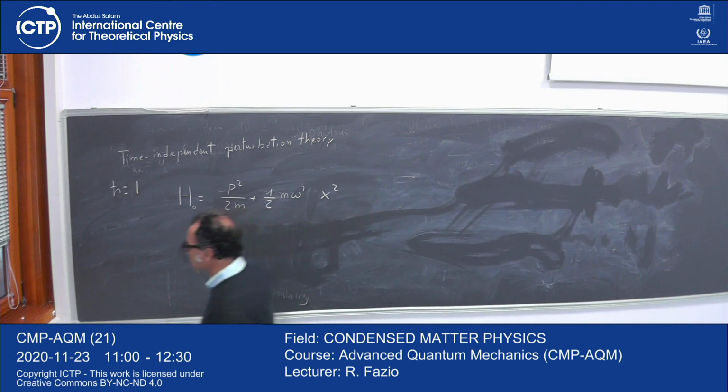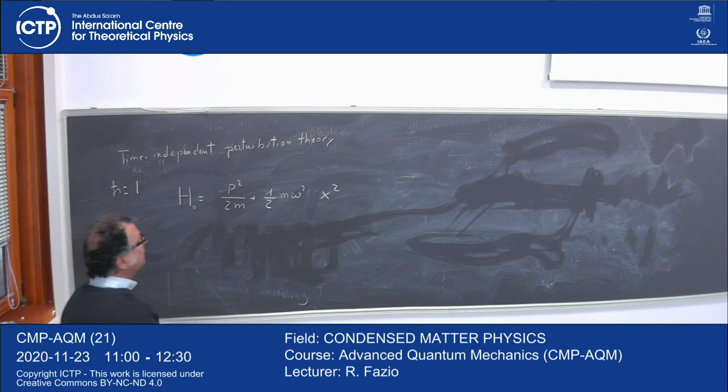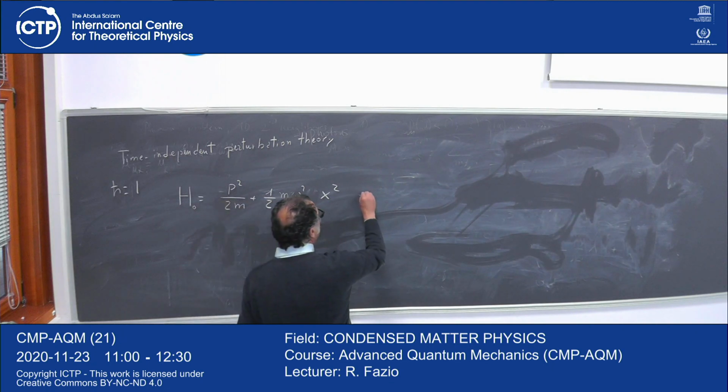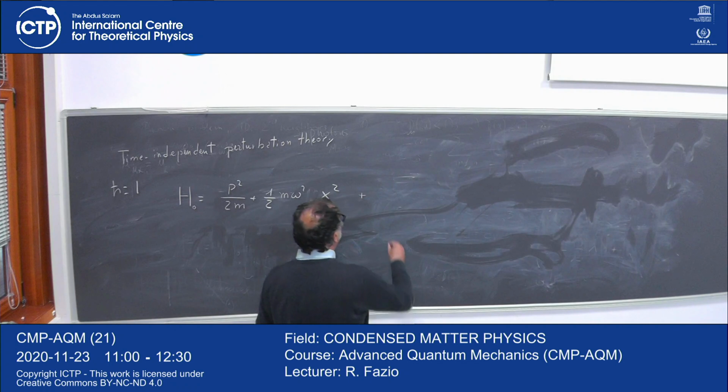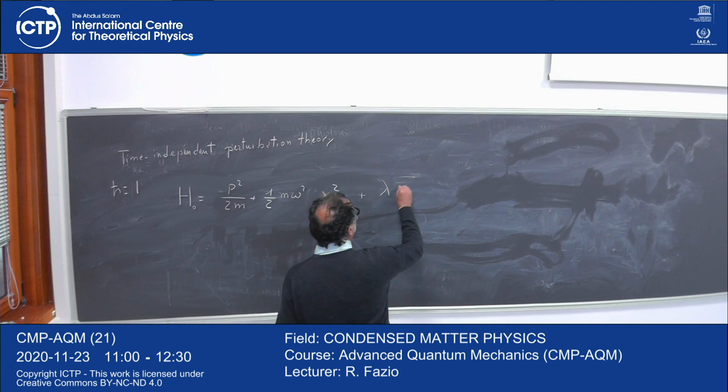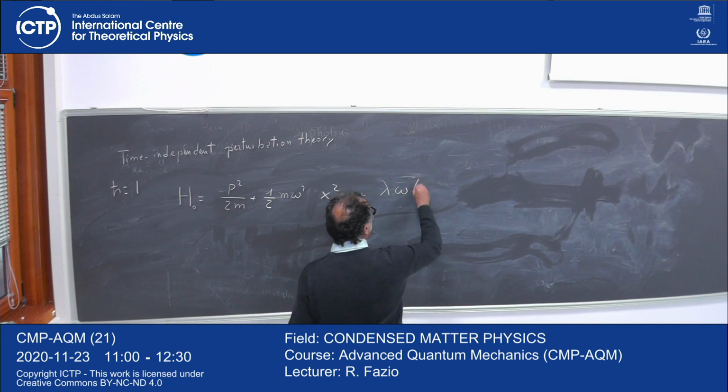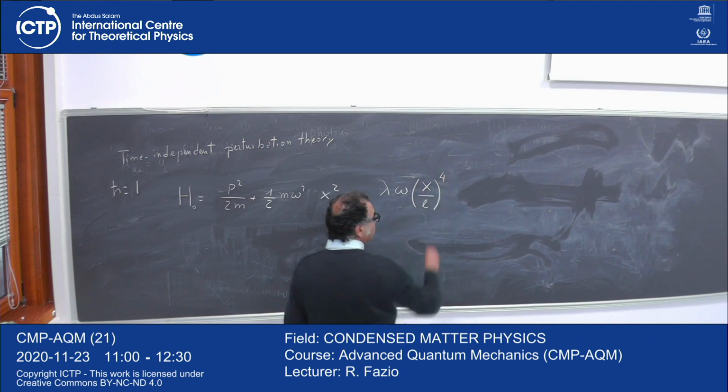The second exercise, you have to consider a perturbation which is not anymore cubic, but is quartic. You just add lambda, omega, x over L to the fourth.